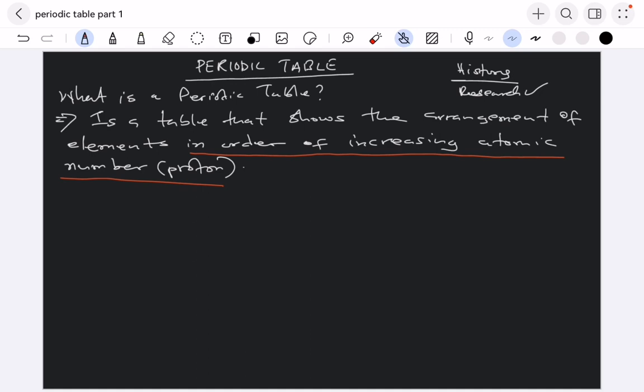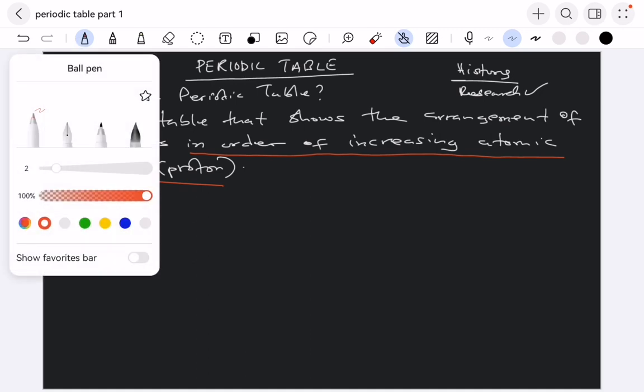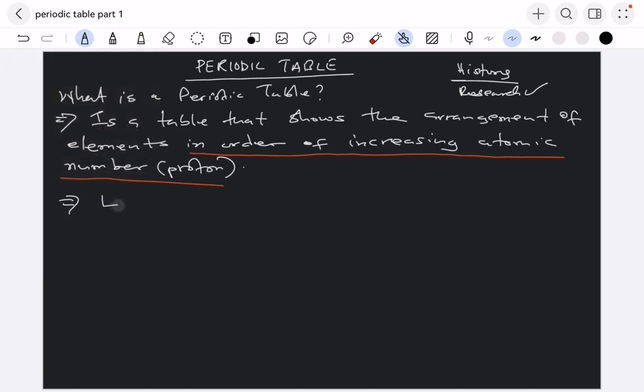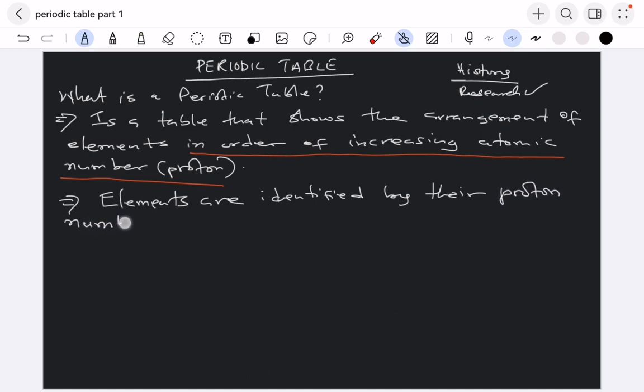What does this mean? When you go to the periodic table, you're going to realize that these elements are identified by their proton or atomic number. What number is this that we are talking about?